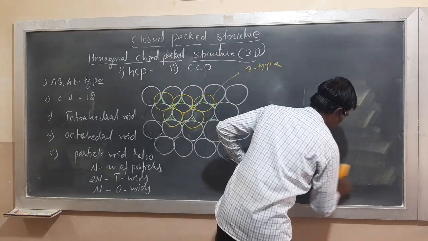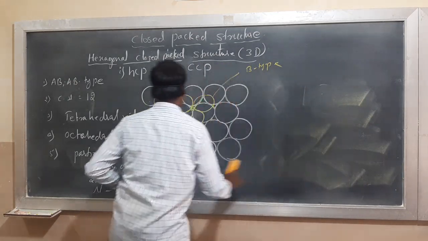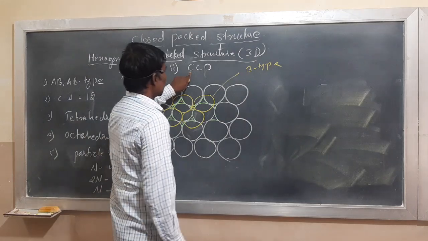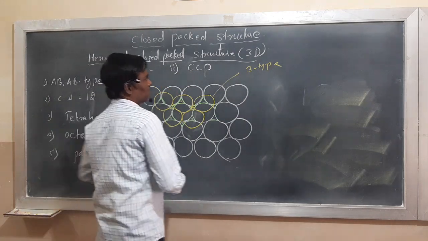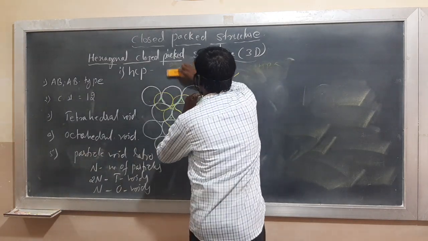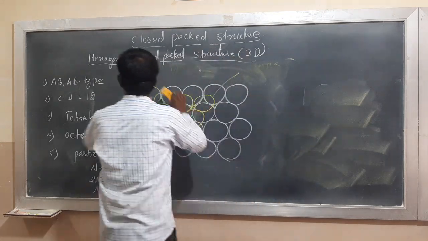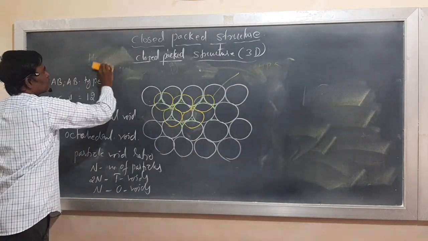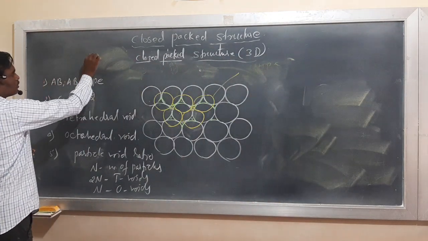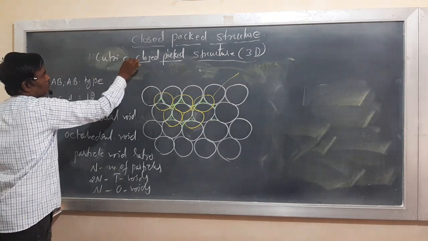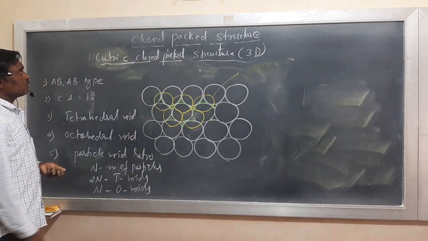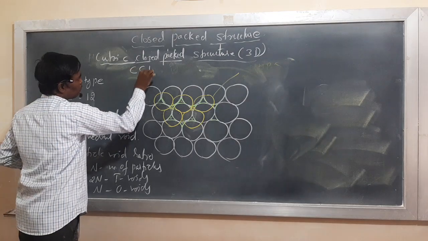The first is the hexagonal, and next one is the cubic close packed structures. In short, we call it CCP.